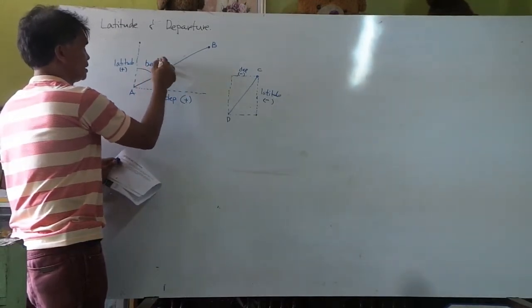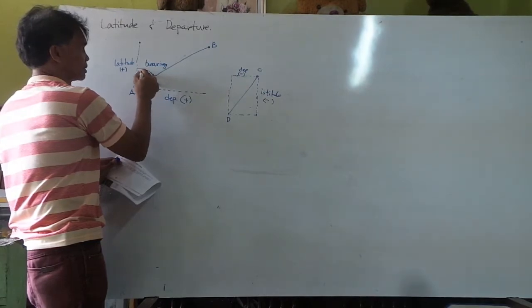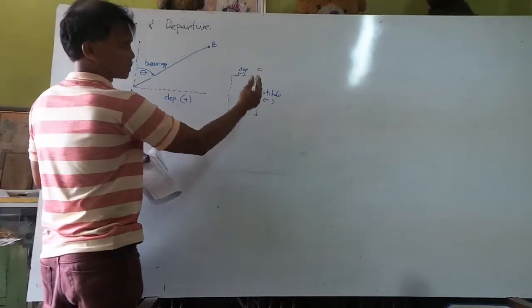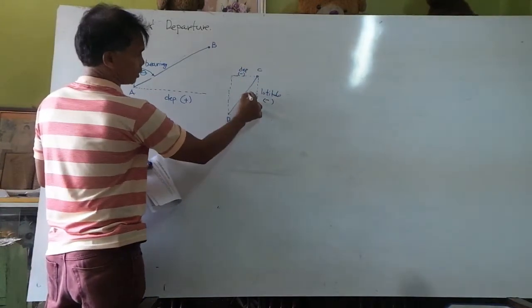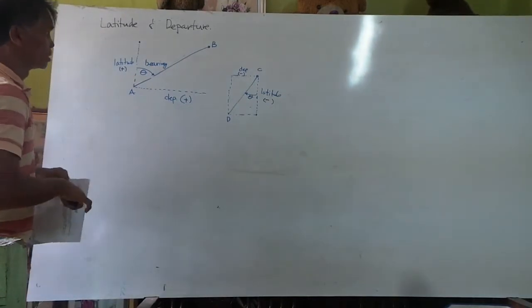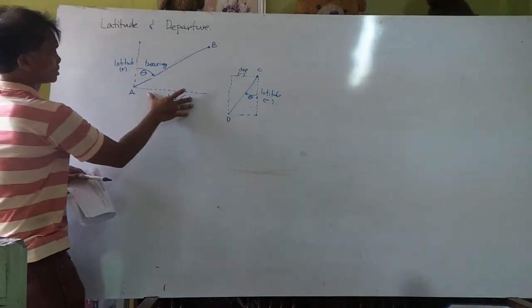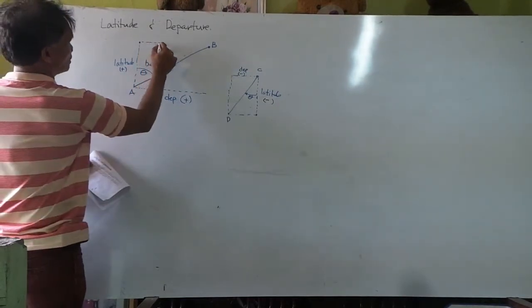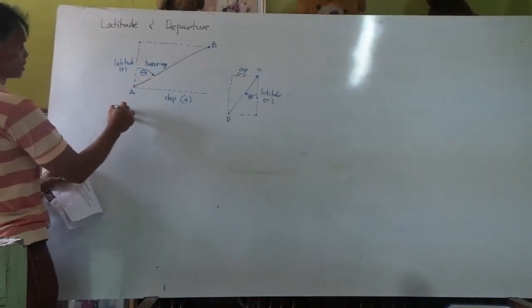For the other line, it is from the south to the west. If we transfer this to the other corner and form a right triangle, it is easier to apply the formula.